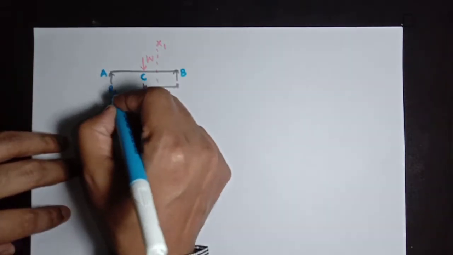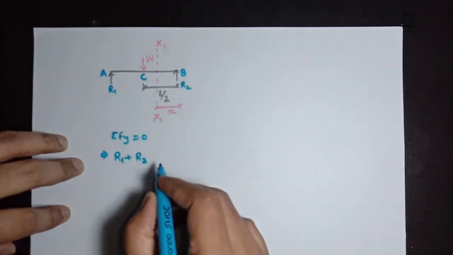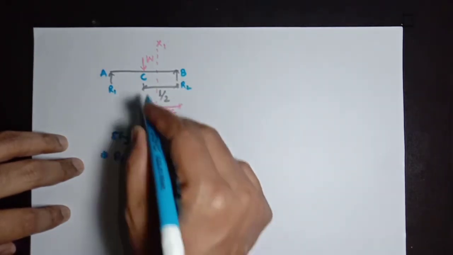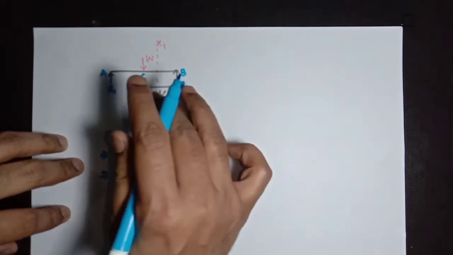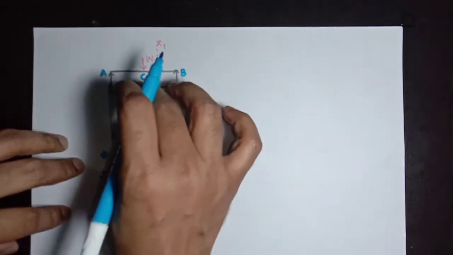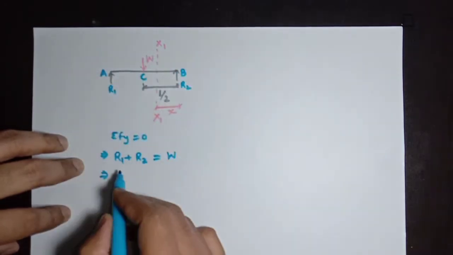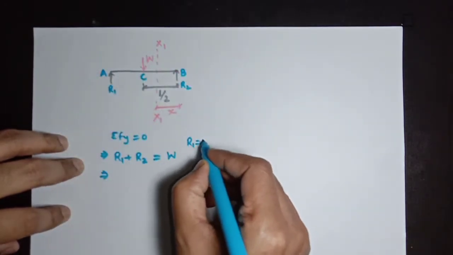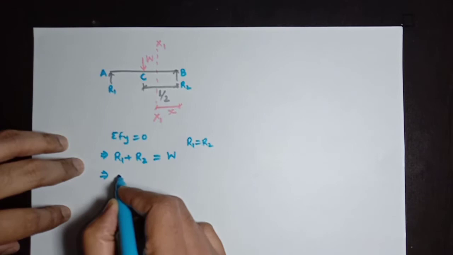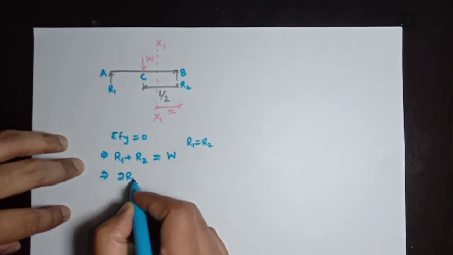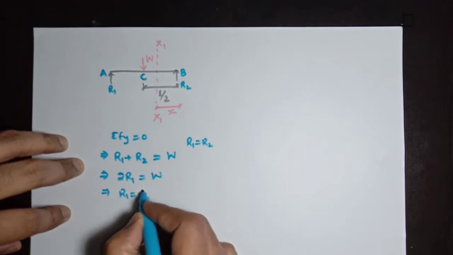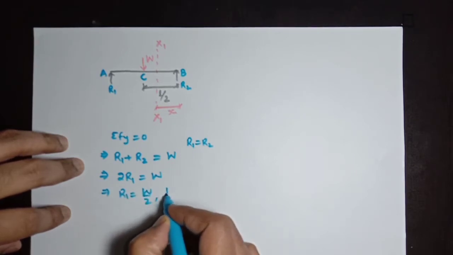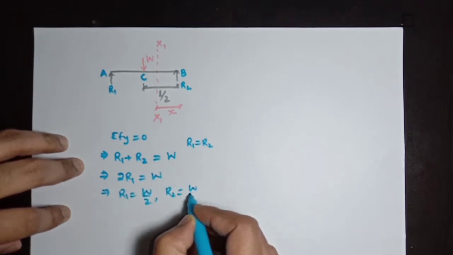This is R1, this is R2, and R1 plus R2 will be W. And as we know, this is symmetrical loading because it is acting at center of this beam. So R1 will be equal to R2. Therefore, twice R1 will be W. This means R1 equals W by 2 and R2 will be equal to W by 2.